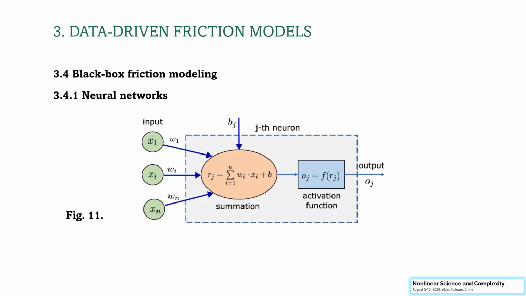The particular jth neuron of the neural network has a standard form with inputs, weights, biases, a part of summation, then application of activation function, and finally the output OJ.